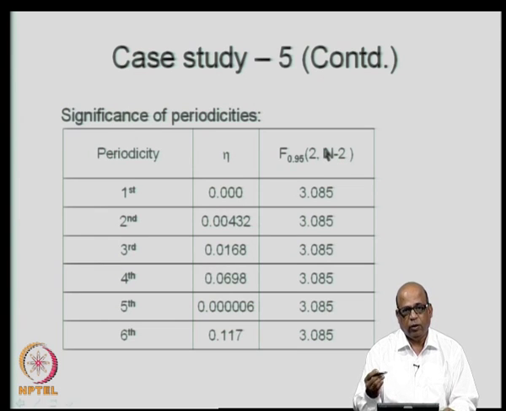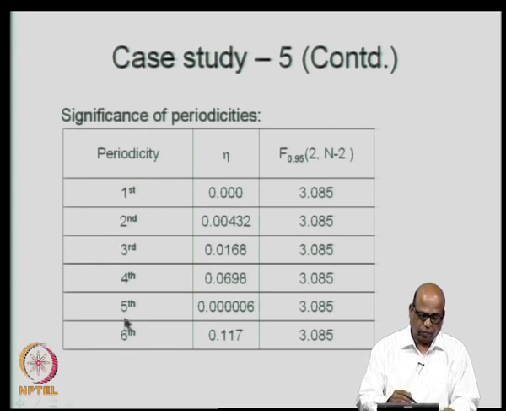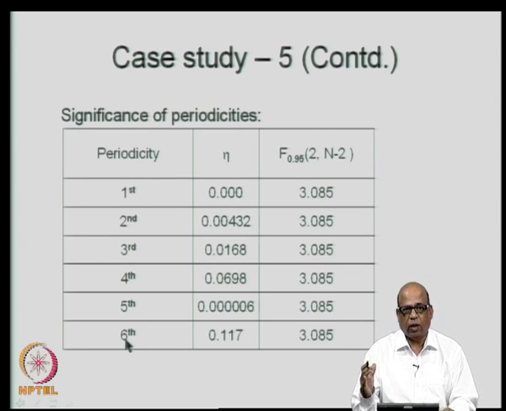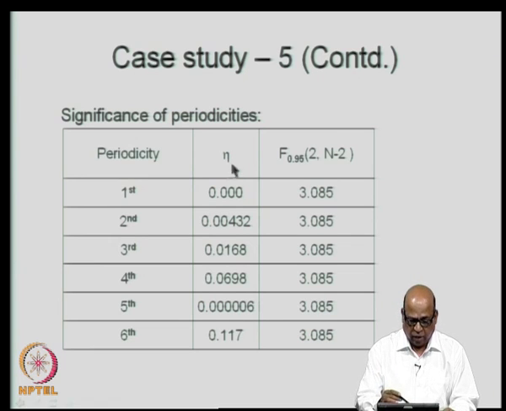Again, n is in this particular case 52. So, you take 52 minus 2 and then get the associated f value, that is 3.085, and the eta values that you get corresponding to each of these periodicities, first periodicity, second periodicity, etcetera, are all less than the corresponding f.